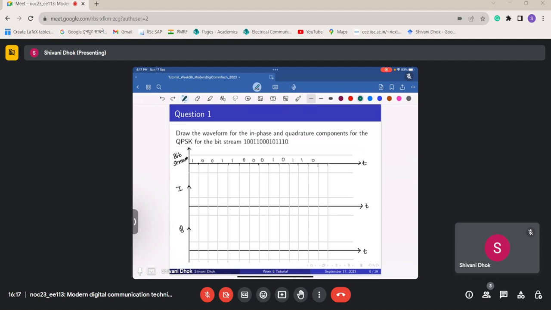So the first one will be the in-phase, then the second one will be the quadrature component, then we have this one, then it will be 1, it will be something like this. This is just to demarcate the in-phase and quadrature components, nothing else.